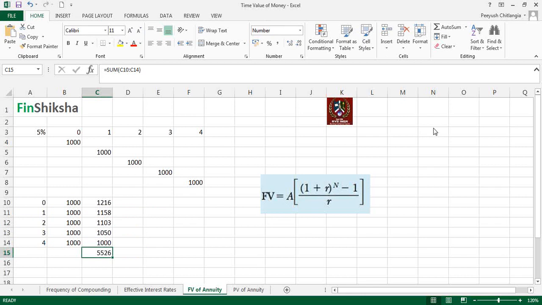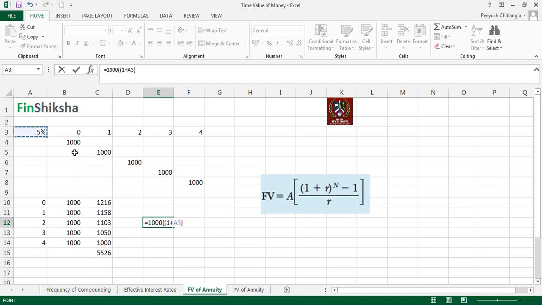Let's try and solve it two other ways. One of the ways is actually using the formula. A here is the annuity. That's 1000 multiplied by, bracket opens, and within the bracket I open another bracket and say 1 plus 5% raised to the power 5 minus 1.